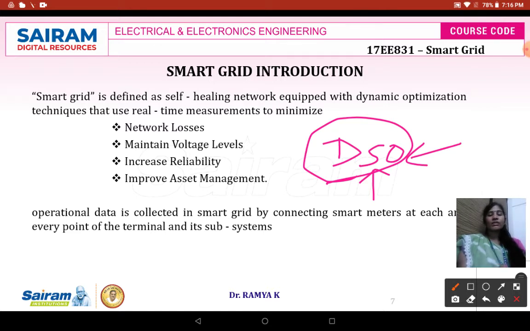So the data we have collected is mainly used to check whether a proper amount of power generation is done with the connected resources, whether the proper power is delivered to the load, is there any security attack, any electricity theft happening, or any vulnerability happening. Like that, it is possible for us to identify with the help of the data collected by means of your DSO, that is operational data collected under real-time measurement.